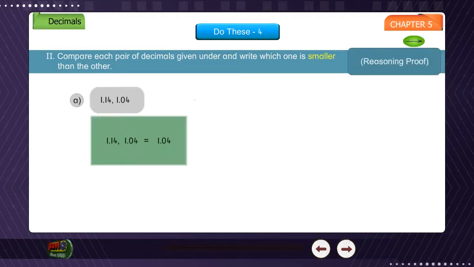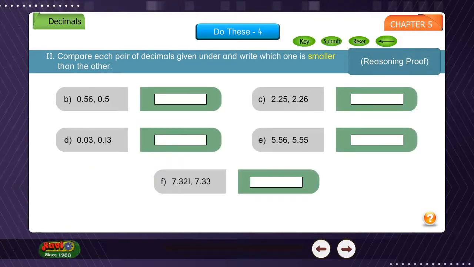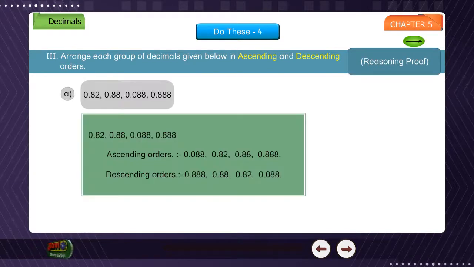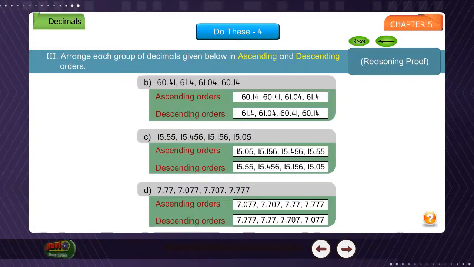Reasoning proof. Three. Arrange each group of decimals given below in ascending and descending orders. Reasoning proof. Rounding.